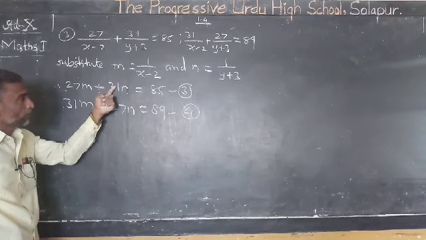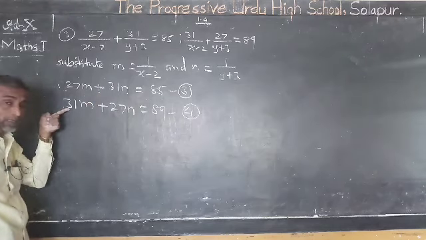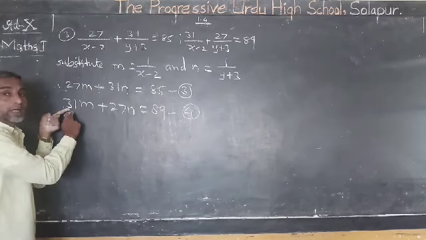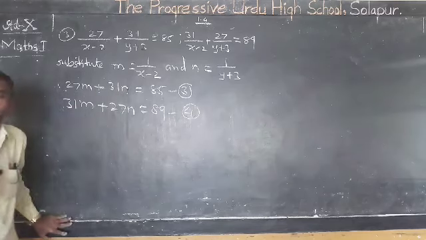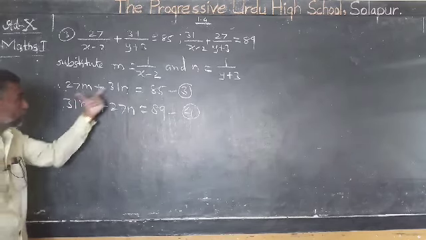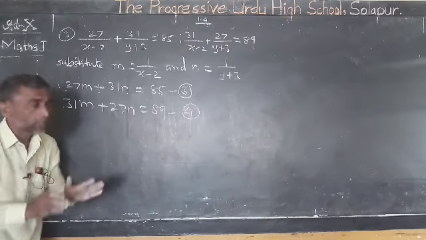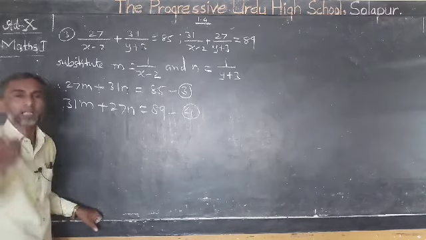Similarly, the coefficient of n in equation number 3 is 31, and the coefficient of m in equation number 4 is 31. That means the coefficients have been interchanged. If the coefficients are interchanged, then add these two equations.